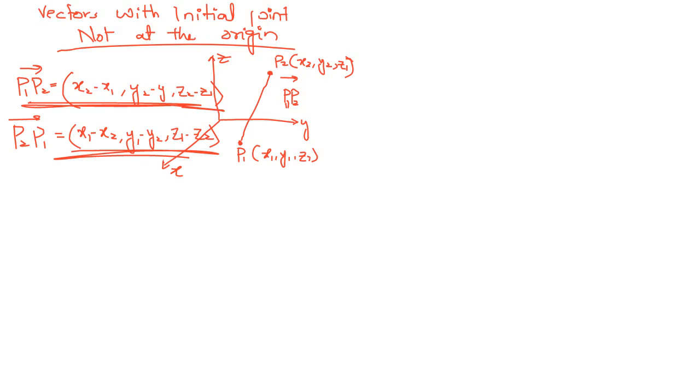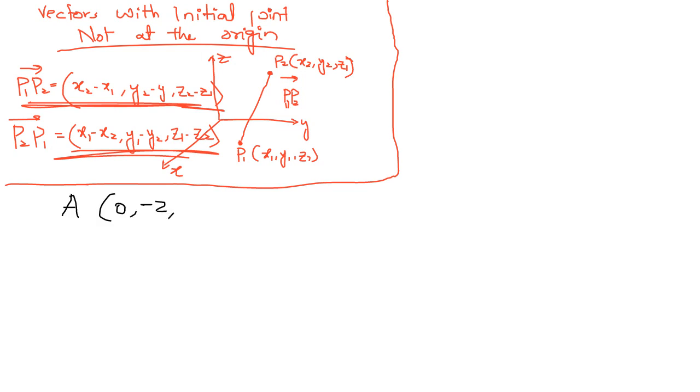I will give you one example. For example, two points are given to you. How can you find a vector from these two points? Point A is given, which is 0, -2, and 5, and point B is given, which is 3, 4, and -1. You have to find AB and BA.